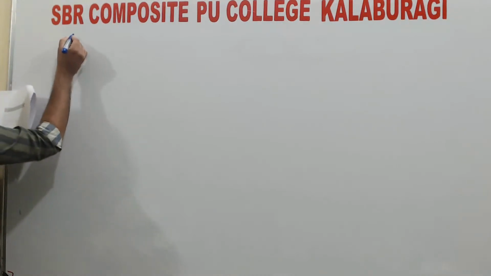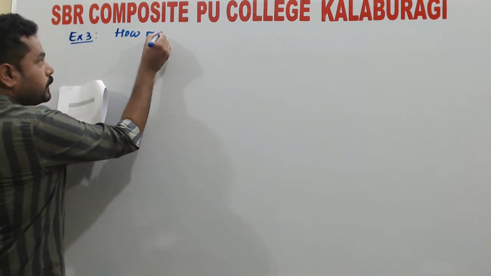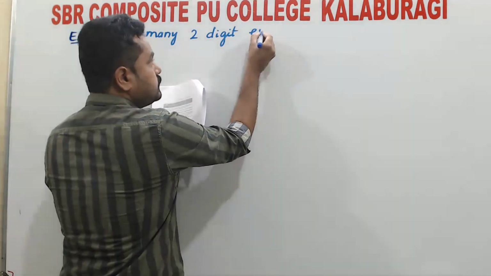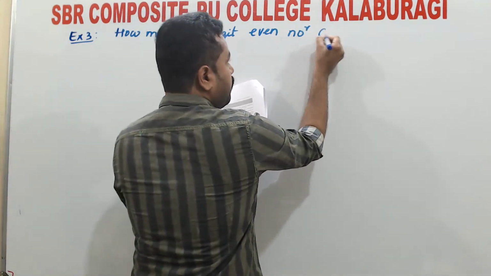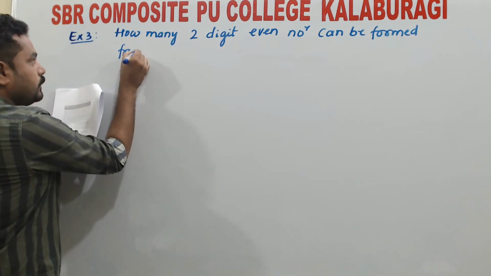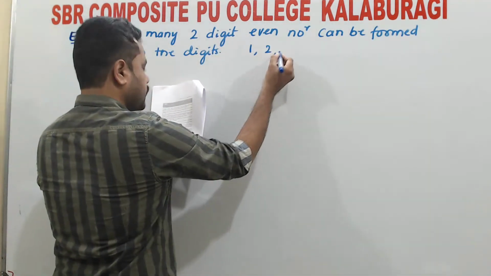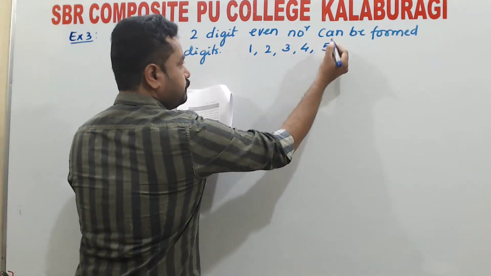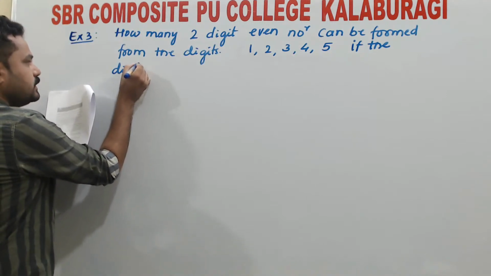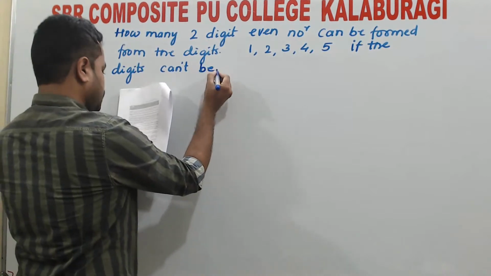Okay, one of the students asked a doubt that example number three is: how many two digit even numbers can be formed from the digits 1, 2, 3, 4, 5 if the digits cannot be repeated.